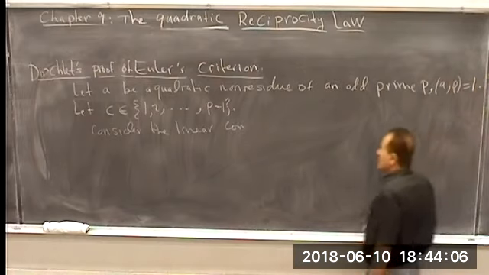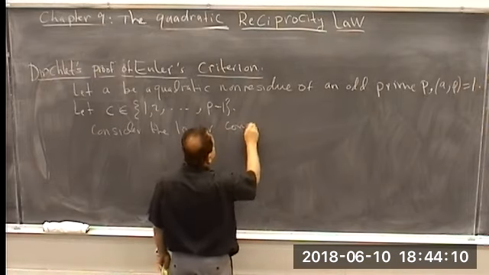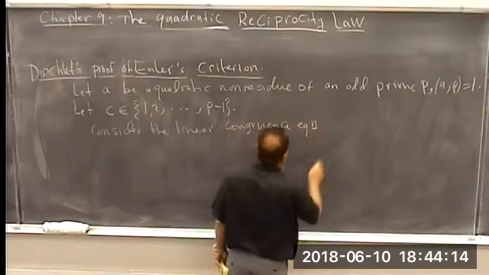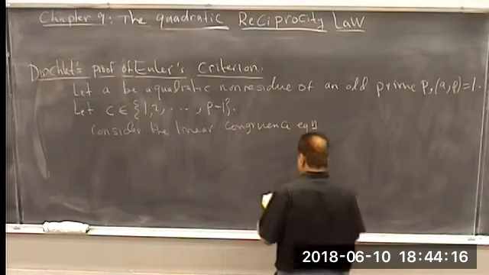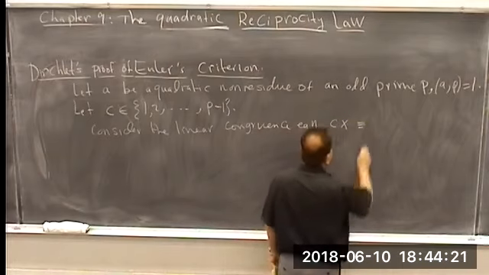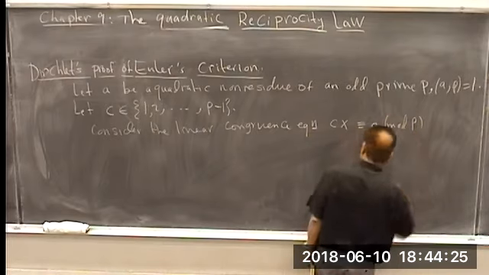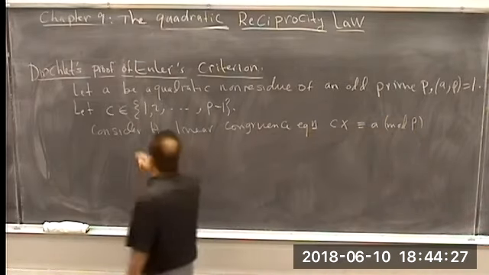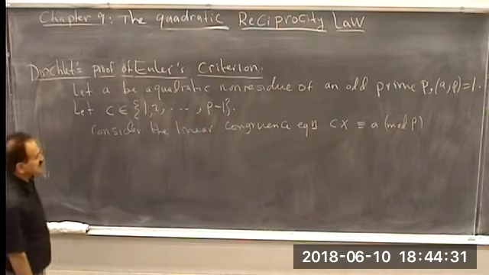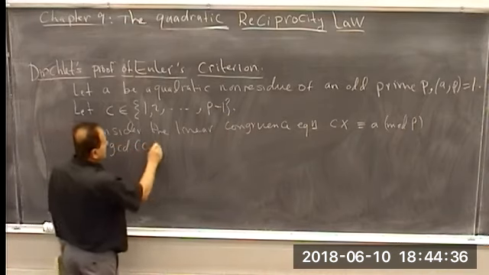Okay, so we're going to consider the linear congruence equation, which is cx is congruent to a mod p. Since c is one of the integers from 1 to p minus 1, it is relatively prime to p.